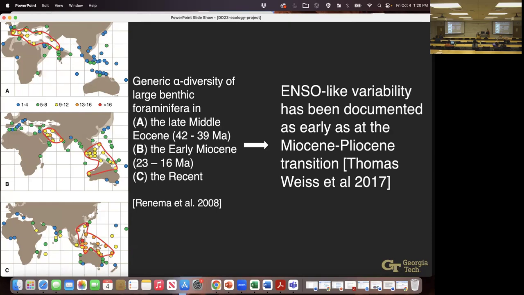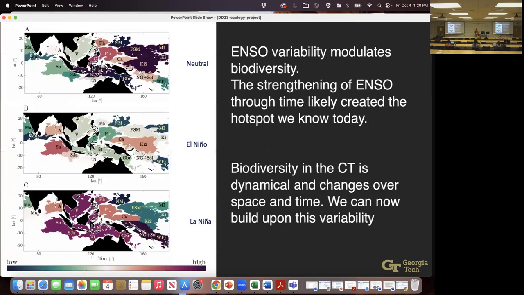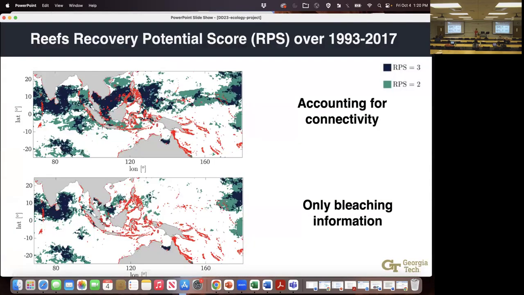So what today we are considering the cause for bleaching a lot of the time is, in reality, the cause for that hotspot, first and foremost. And also for the fact that that hotspot, despite the warming, is still managing to survive in some areas, not everywhere, but definitely some areas are doing fine.